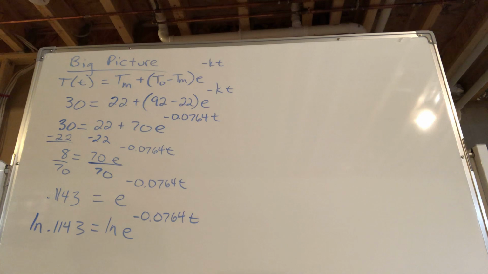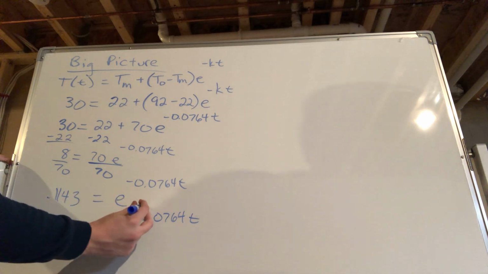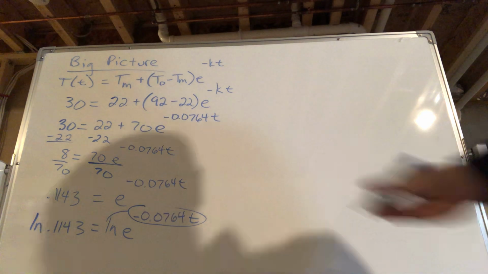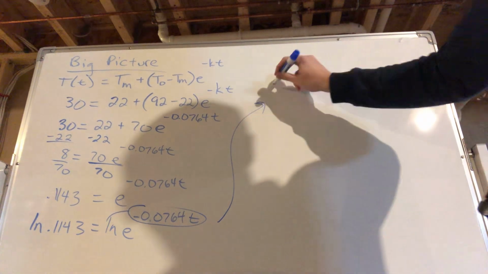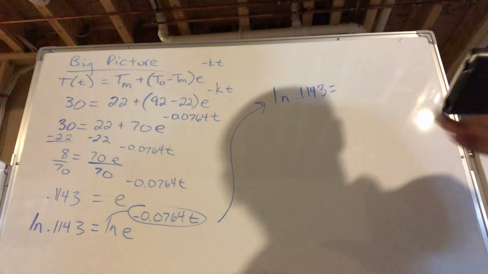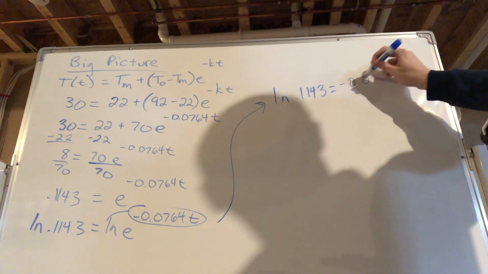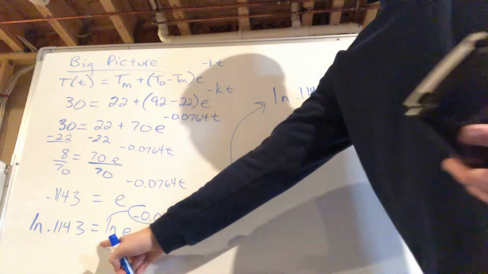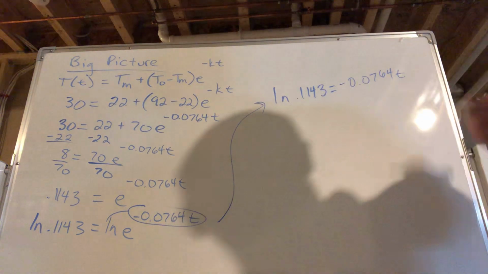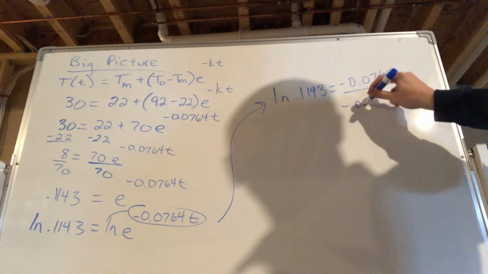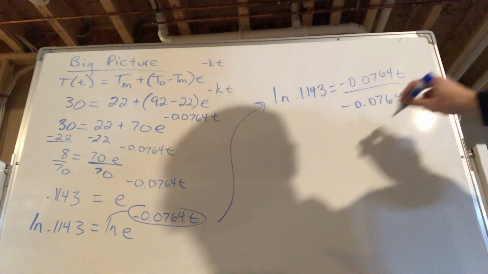Now using the power rule, I'm allowed to take this exponent and move it to the front, rewrite it as a coefficient. So ln of 0.1143 is equal to negative 0.0764 t. And then, again, it would be times ln of e, but I can just drop that because that's just 1. And so I just need to divide both sides by negative 0.0764.